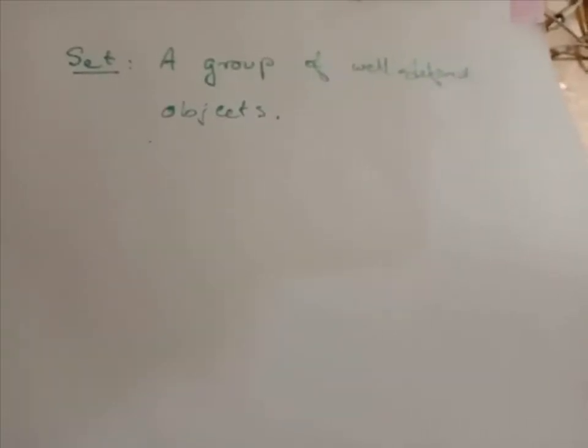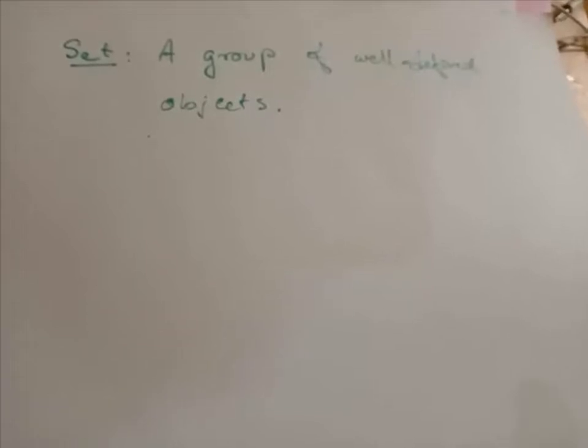That means, if we have a group of objects and we can define each object, then it is called a set.